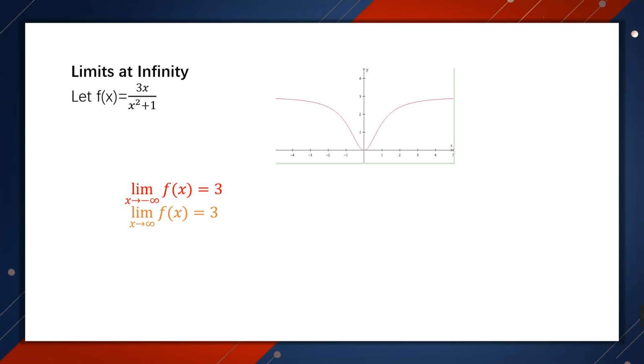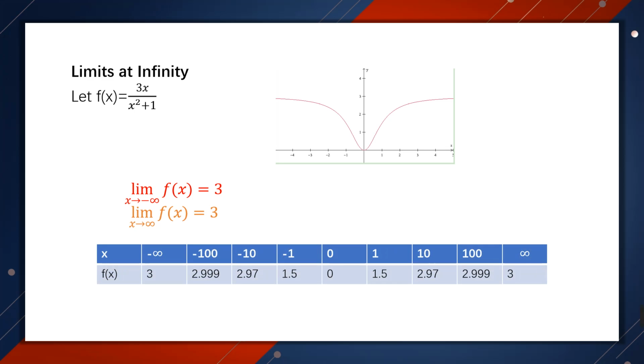Similarly, if we take the limit of f(x) when x approaches positive infinity, the final result is also 3. Besides looking at the graph, we can also use a table to find the result of the limits.